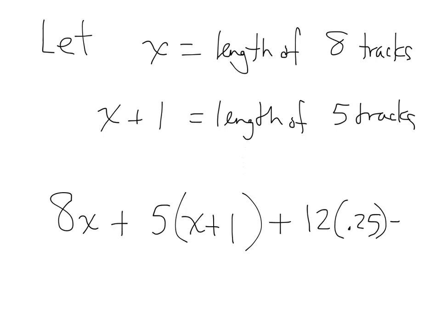Explain that part, Nina. Because there are 12 gaps, and each gap is 15 seconds long. Yes, 12 gaps at a quarter minute per gap, and the entire album is 73 minutes long. So 8 songs plus the length of the 5 songs plus the 12 gaps in between at a quarter minute per gap gives you 73 minutes. And then you solve for x.